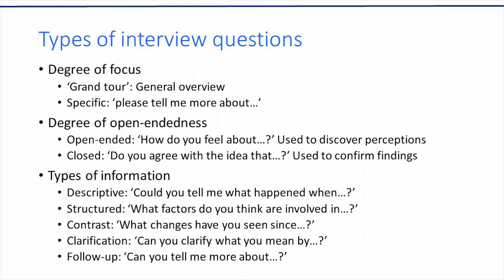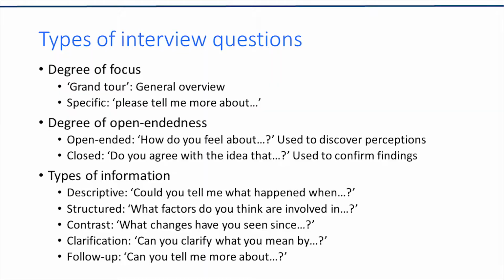So there's what degree of focus do you need from your questions? Are you looking for a general overview of a person's life or thoughts, or something specific? So a question like, please could you tell me a bit more about that issue? And then there's the degree of open-endedness of a question. So a very open-ended question would be something like, how do you feel about this topic or this issue?